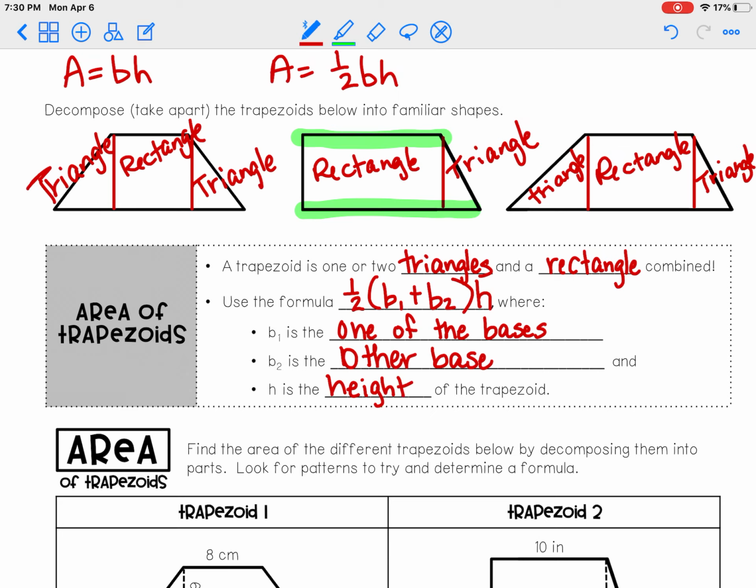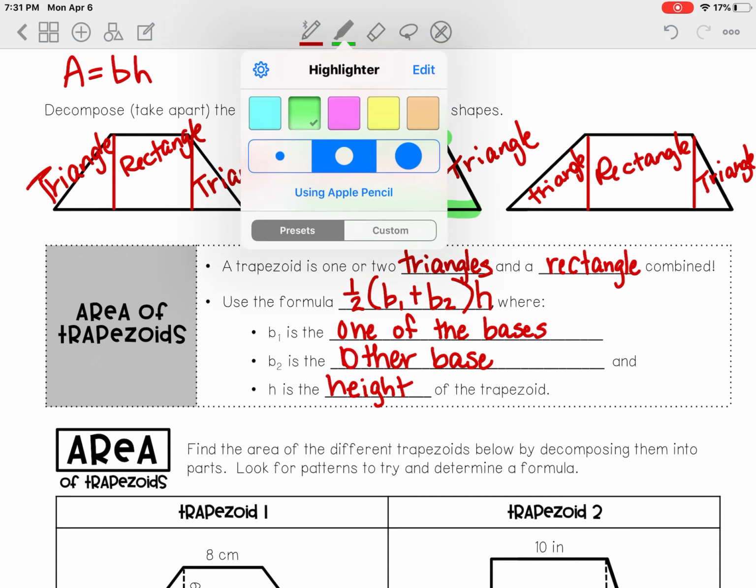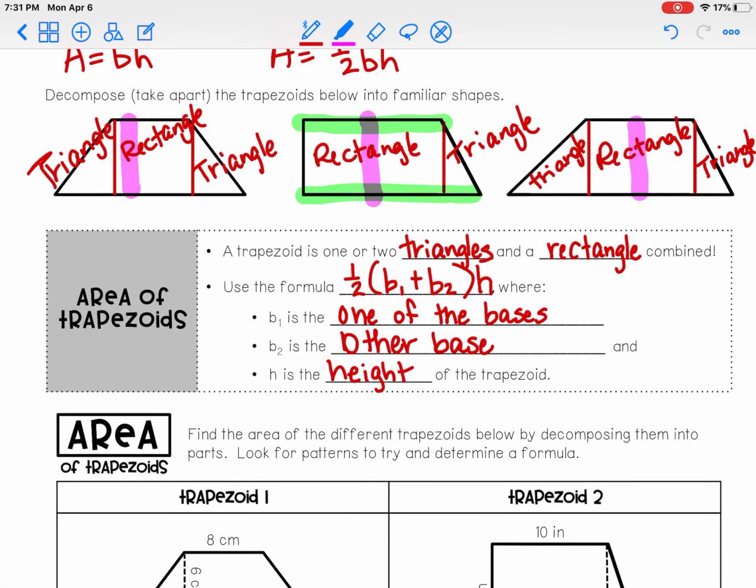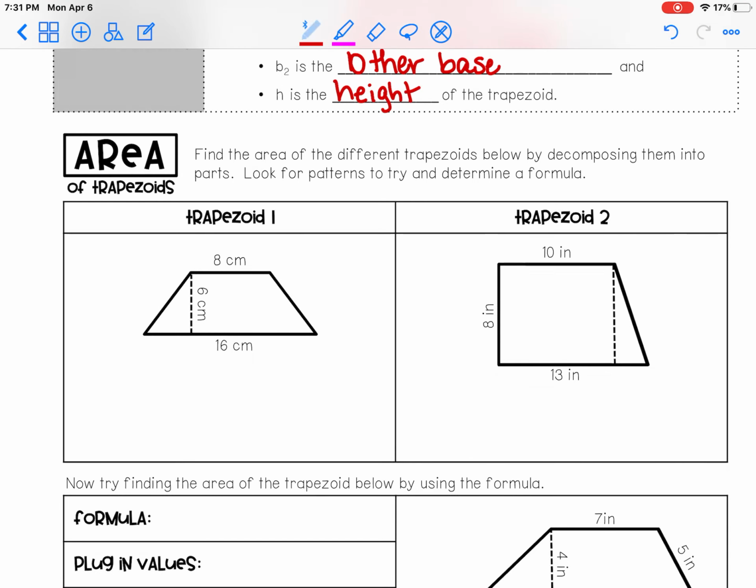of the trapezoid. And the height of the trapezoid is always the distance between the two parallel sides. So this is the height of each one of these rectangles. The same place where I cut it off and made it into a triangle and rectangle is always going to be the height. All right, so let's get started here. We're going to work with the formula 1/2 times B1 plus B2 times the height.